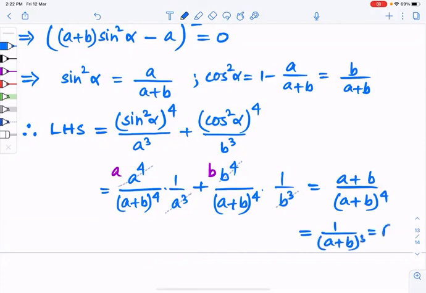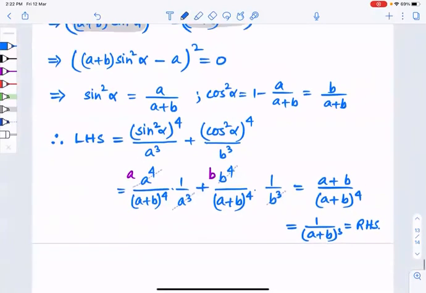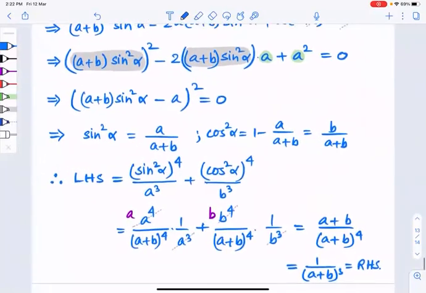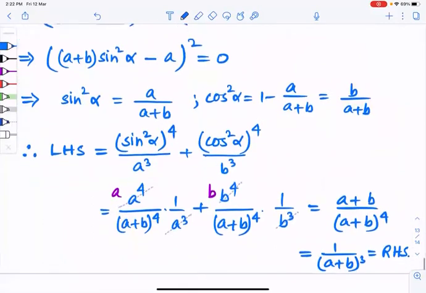That is our right hand side that I have to prove. Right. So this is how we can prove it. So we have solved different types of questions today. That is all for today.